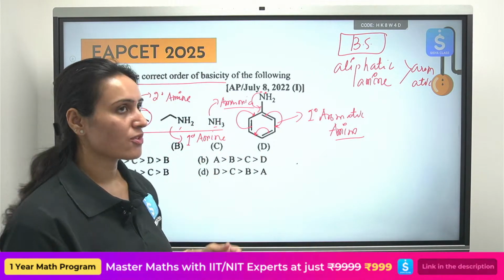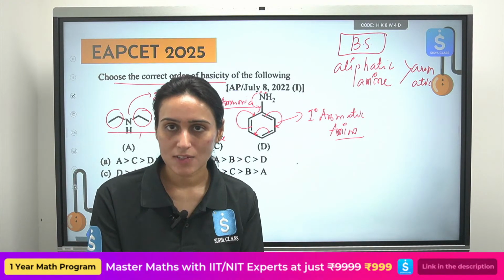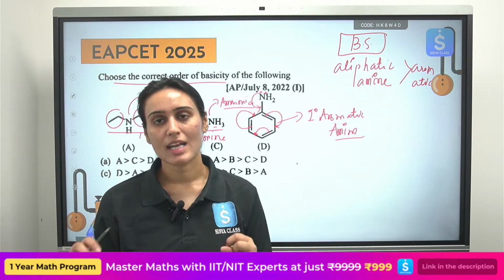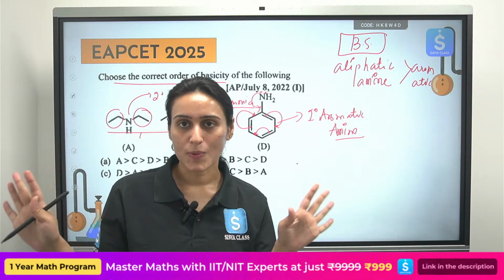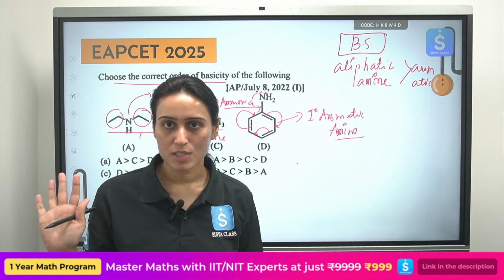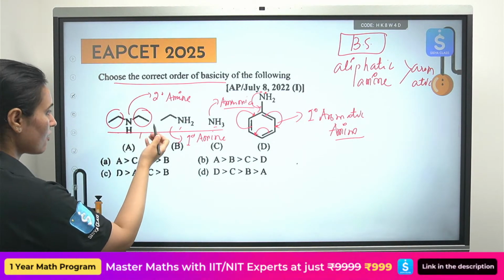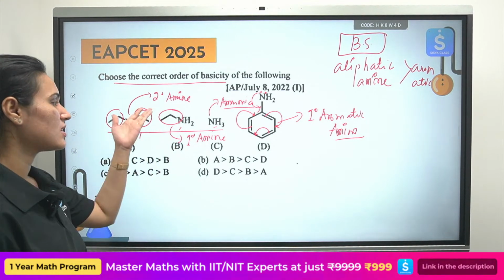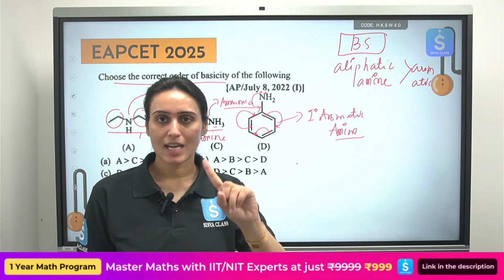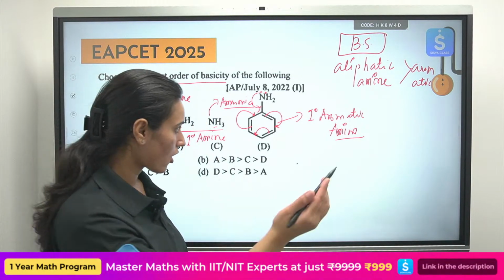In case of ammonia, hydrogen does not do anything. It will not give the electron density. It will not take the electron density as well. Does not do anything. So ammonia will be in the end, but before your aromatic system for sure. And if you compare your primary and secondary, obviously, in this case, you have only one alkyl group. So only one alkyl group is increasing the electron density. So you may write it like this also for comparison.